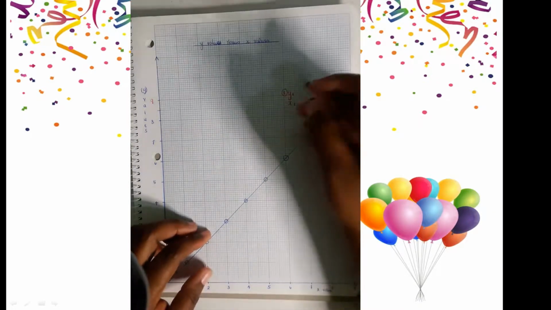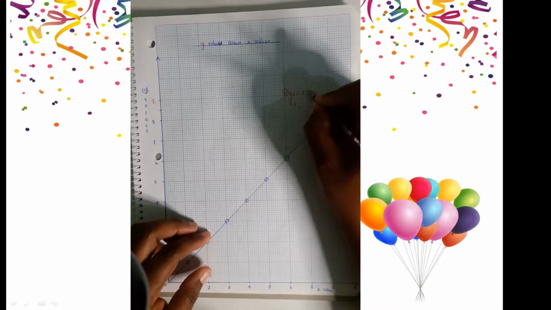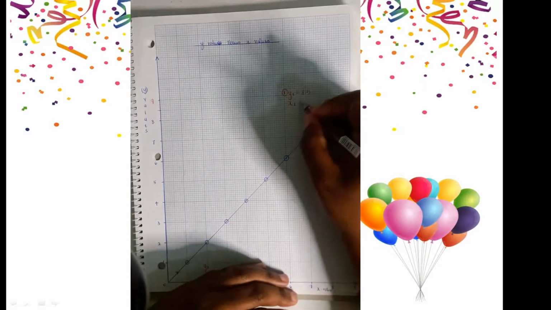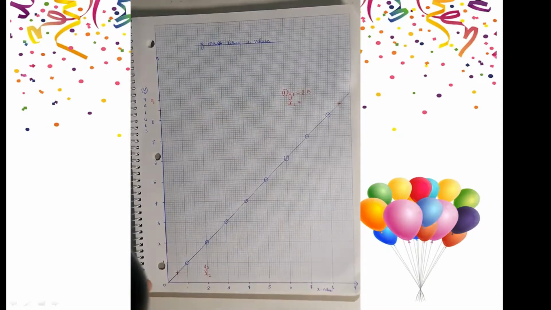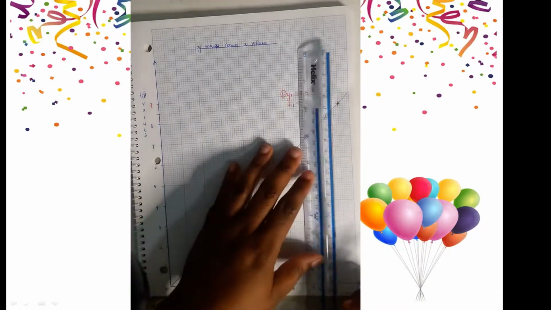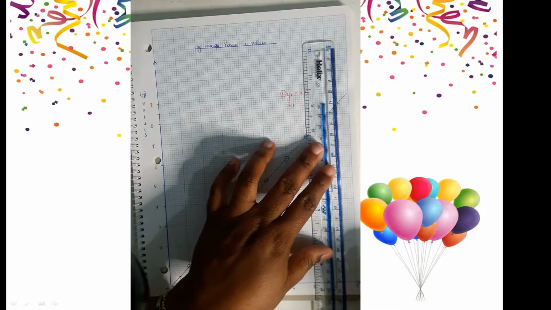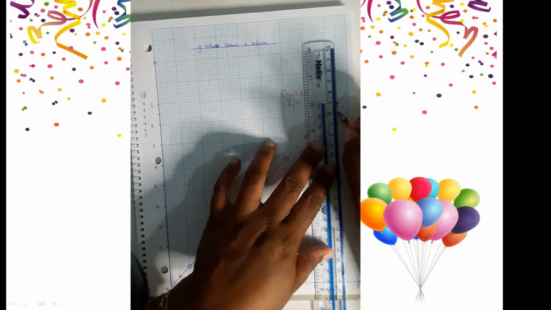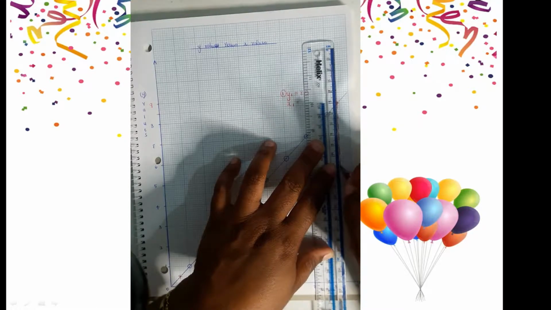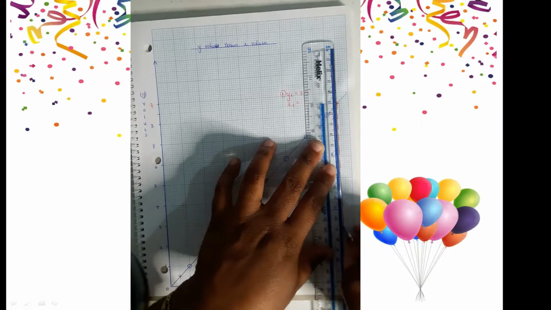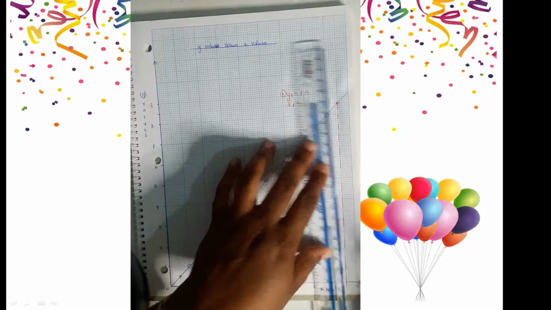So y is 8.5, and we don't have any units. For x, you just take your ruler and draw a perforated line right down to x, which will help you.